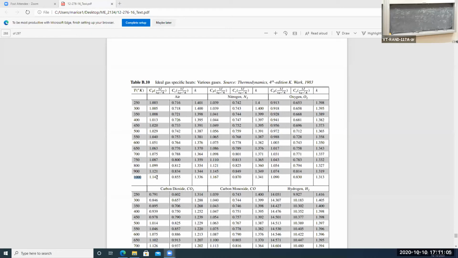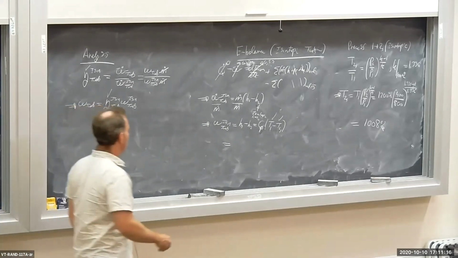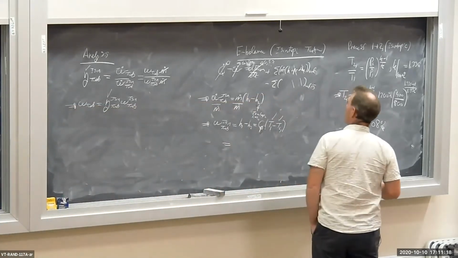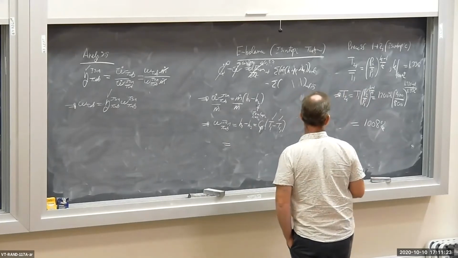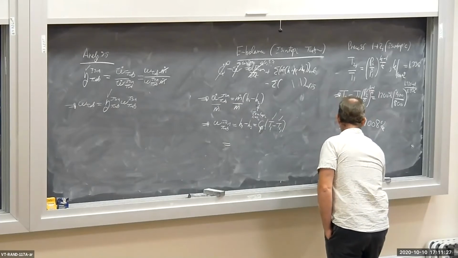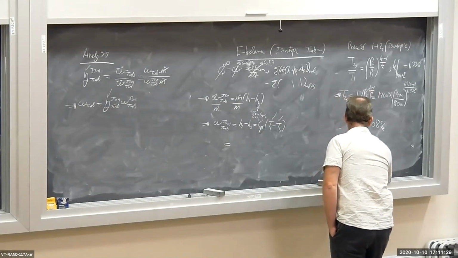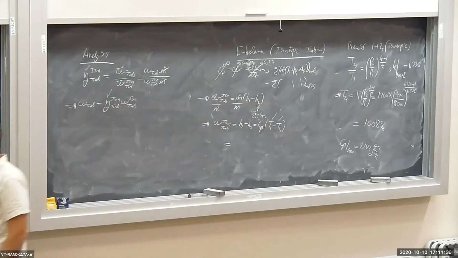At 1,000 degrees for air, it's 1.142 kilojoule per kilogram degree Kelvin. Cp at 1,000 degrees is 1.142 kilojoule per kilogram degree Kelvin, and that again is from table B10.